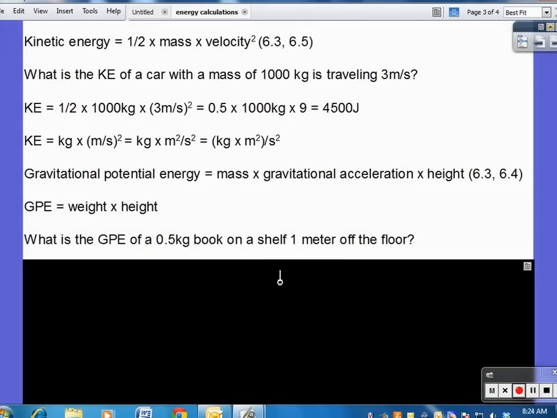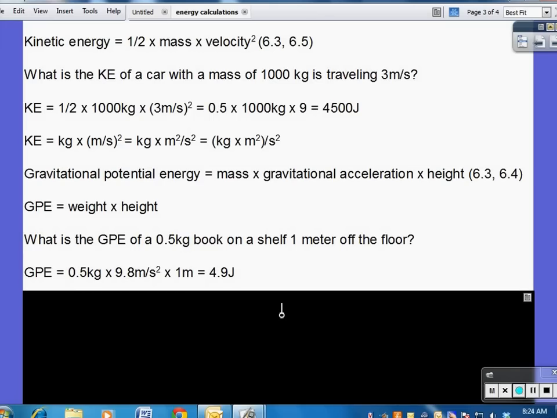So what's the GPE of a 0.5 kilogram book on a shelf 1 meter off the floor? You would calculate GPE equals 0.5 kilograms times 9.8 meters per second squared, we're assuming this is on Earth, times 1 meter, which equals 4.9 joules.